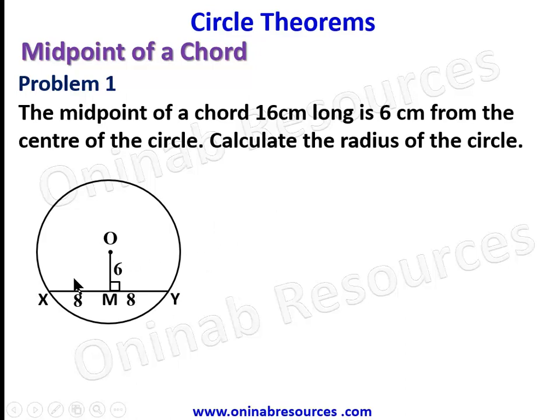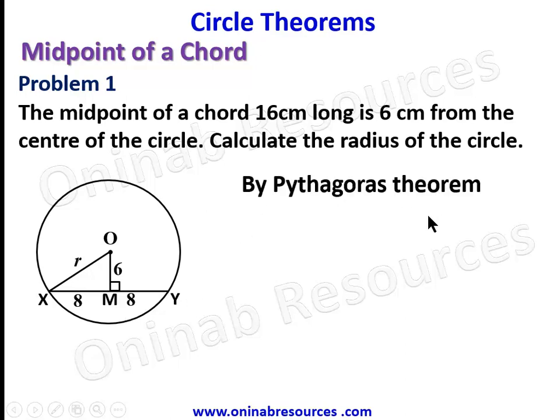Now we are looking for the radius, so we join OX. So joining OX, we call it R. Since this triangle XOM is a right angle, we go by Pythagoras theorem. That is, R is the hypotenuse, so we have R squared equal to 6 squared plus 8 squared.